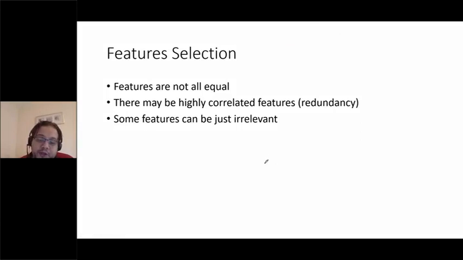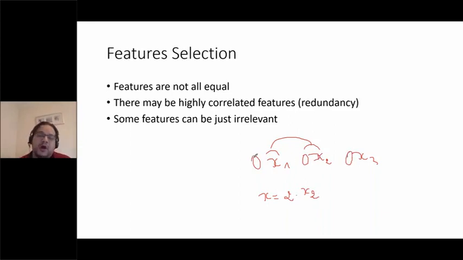So if we have features x1, x2, and x3, and x1 and x2 are highly correlated, meaning let's say x1 always equals x2, what would happen when we try to learn the coefficients of linear regression? The equation is this one plus this one plus this one, plus some constant.